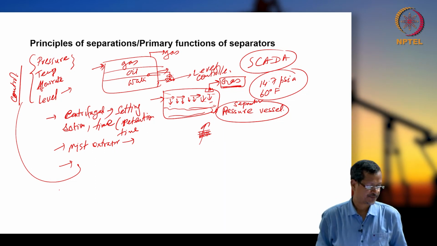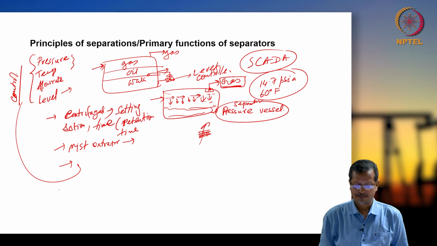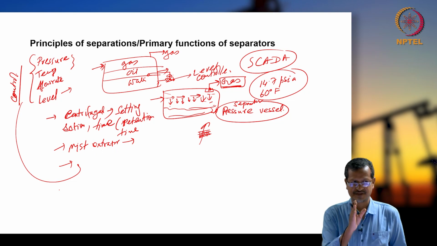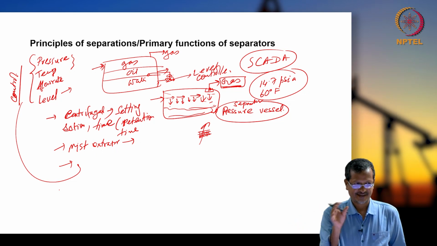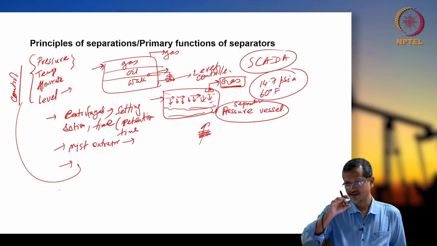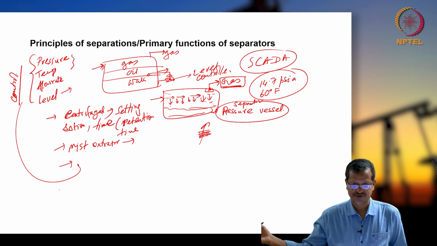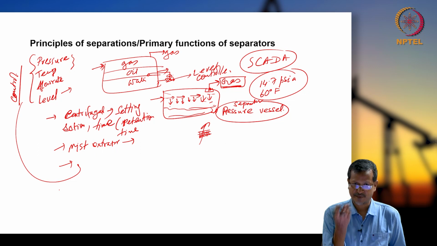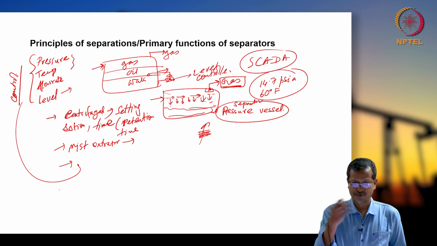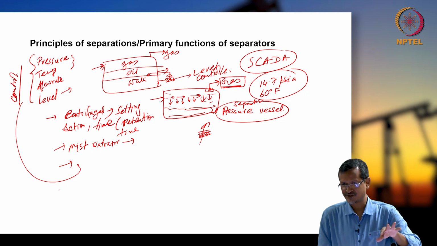And the primary function of the separator. Now you see these 4 phases you are separating, and you are handling oil separately, gas separately, water separately, and water and sand you are removing all hydrocarbon particles and disposing. Okay, because water and sand are not giving you money. So whenever you are producing oil and gas, your main tendency should be to reduce water and sand production as much as possible.